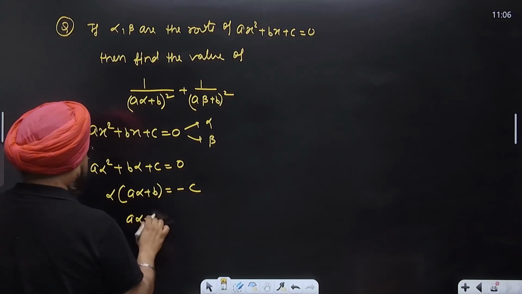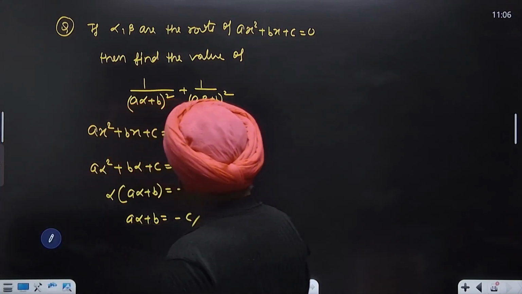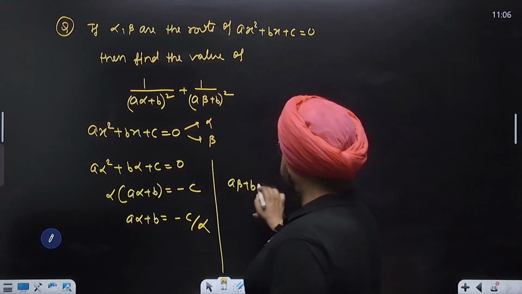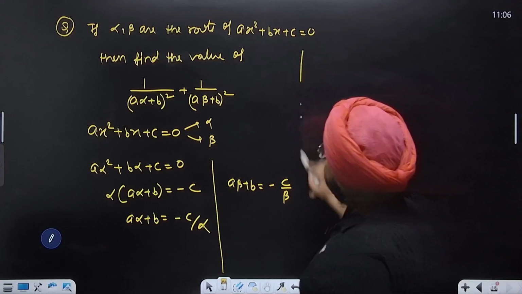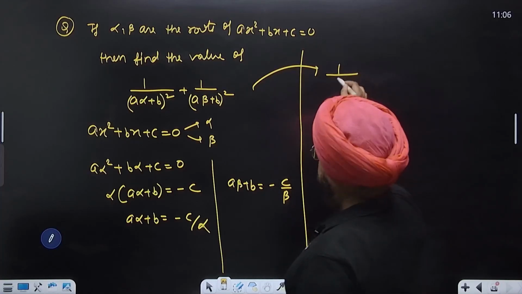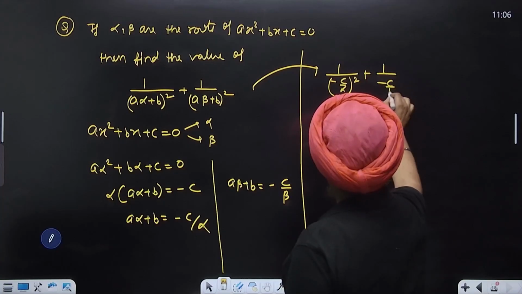So a alpha plus b becomes minus c by alpha. Similarly, a beta plus b will become minus c by beta. Yes or no? Now, to find this expression, simply put the value of a alpha plus b and a beta plus b.